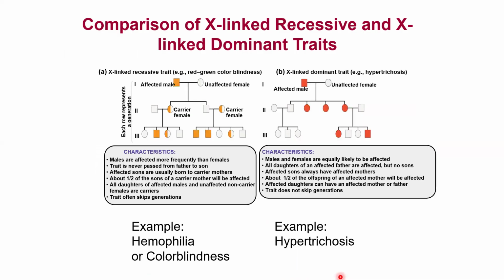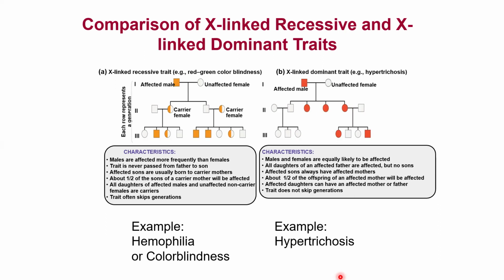So now to compare X-linked recessive and X-linked dominant: with X-linked dominant, both males and females are equally likely to be affected, whereas with X-linked recessive, males are more affected.